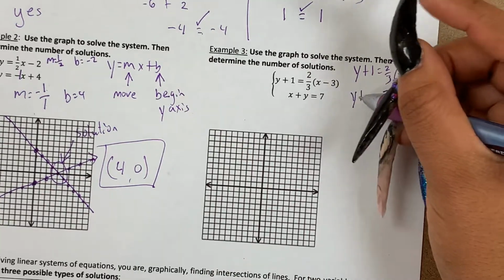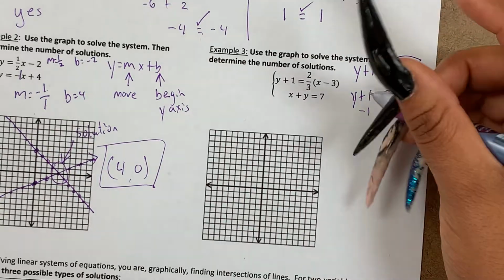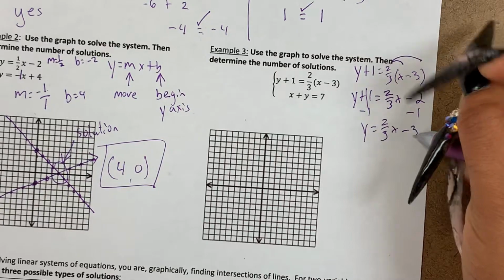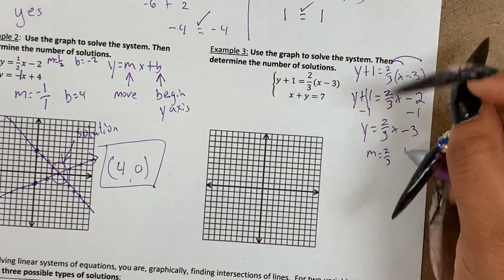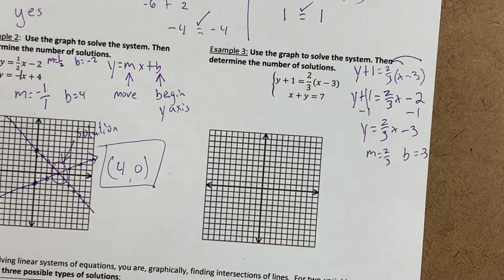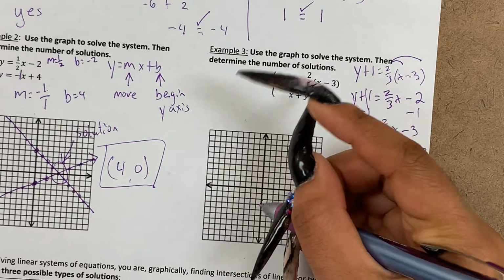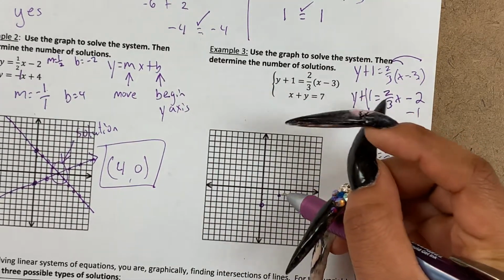Bring down y plus 1, minus 1 on both sides. So we get y equals 2/3 x minus 3. So my m is 2/3 and my b is -3. So I'm going to begin at -3 on the y-axis. And I'm going to go up 2, right 3, up 2, right 3.